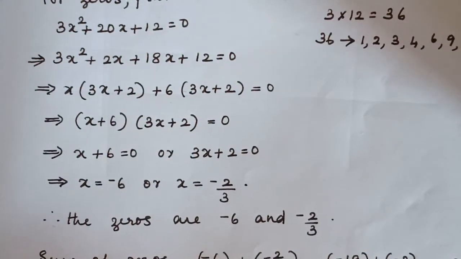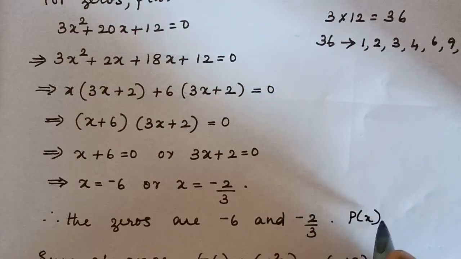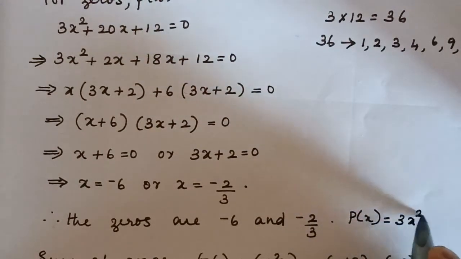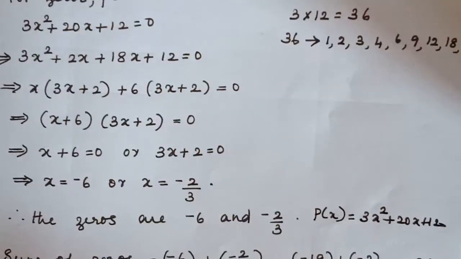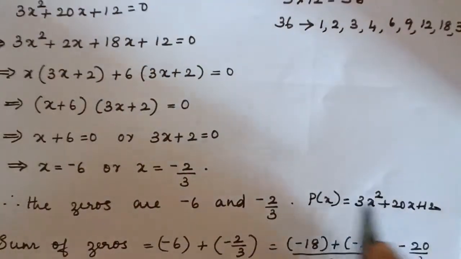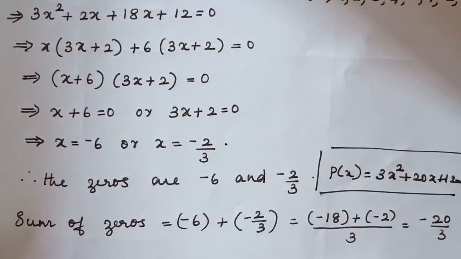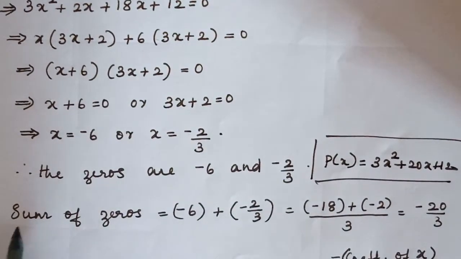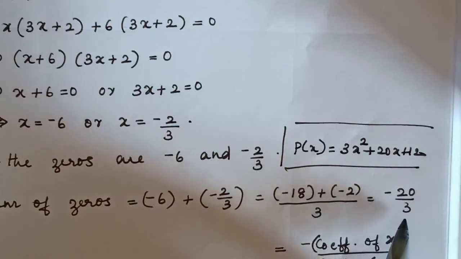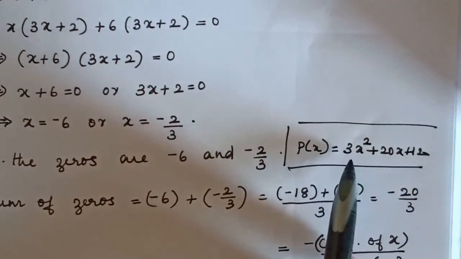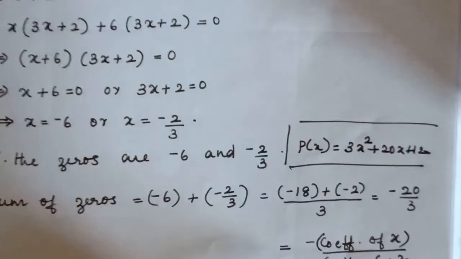Now we will write the polynomial over here, that is p of x is equal to our polynomial, 3x squared plus 20x plus 12. Like the earlier sum, we will see the sum of the zeros. We will get it as minus 20 by 3. Now look at the polynomial 3x squared plus 20x plus 12.